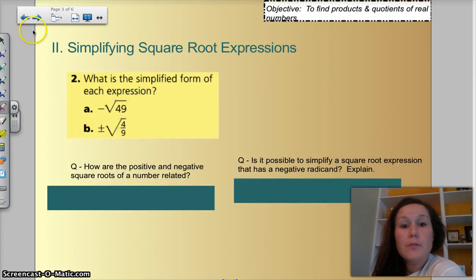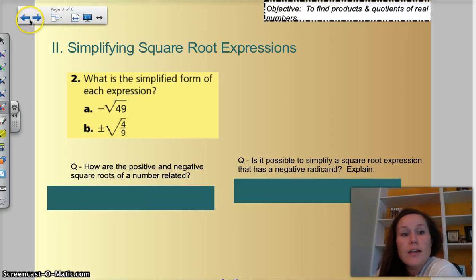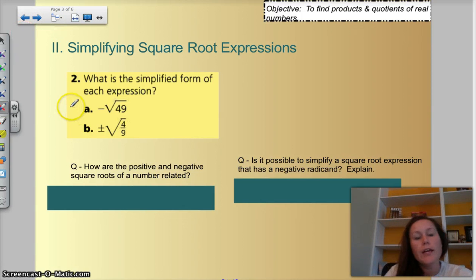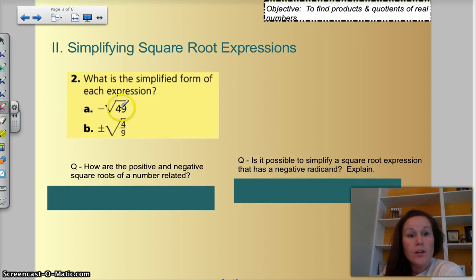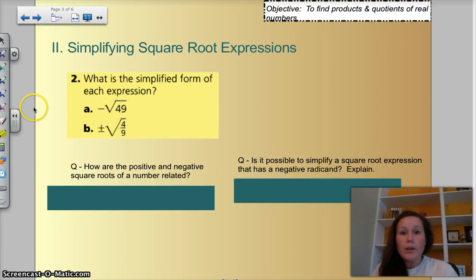Number 3, simplifying square root expressions. What is the simplified form of each expression? So in letter A, we have the negative square root of 49. So I'm looking at this radicand, the number under the radical symbol. It's 49. So I want to know, what times itself is 49?